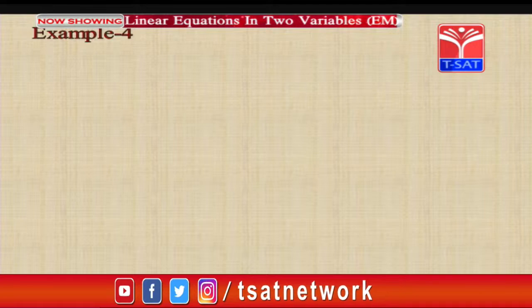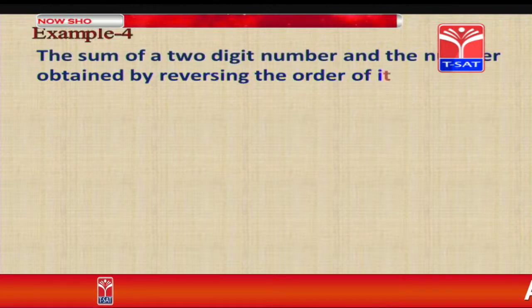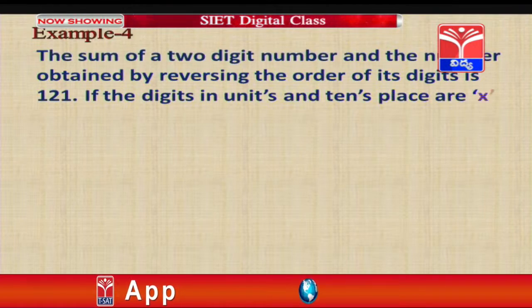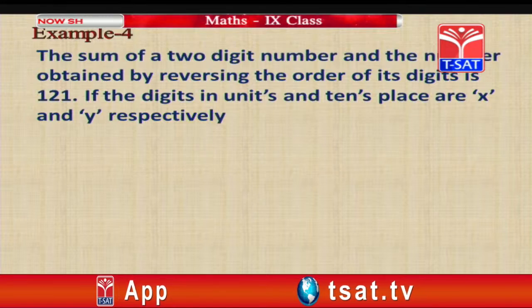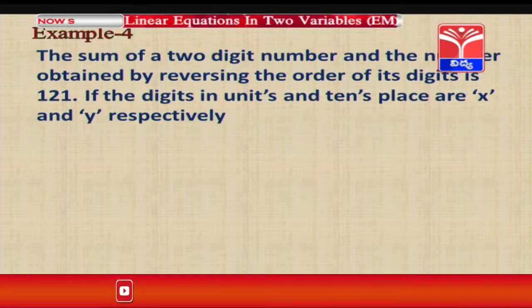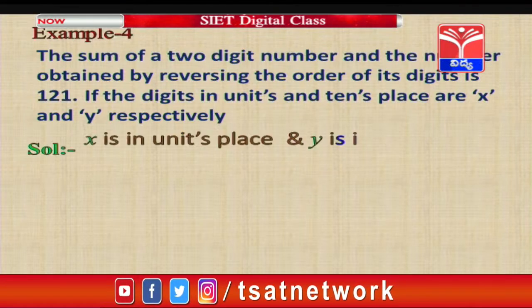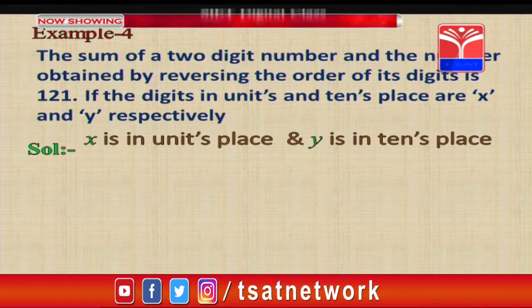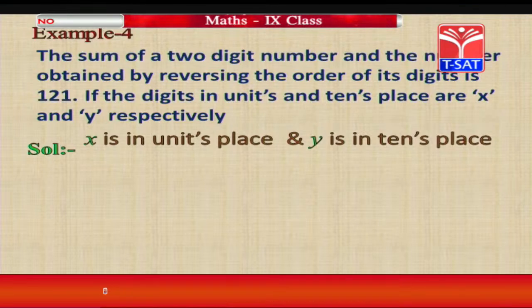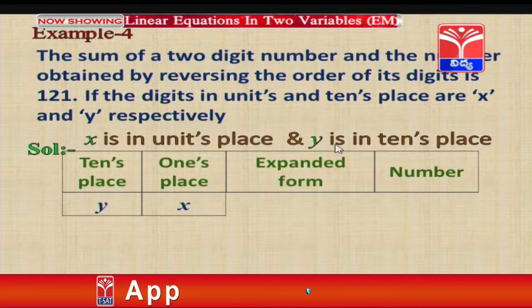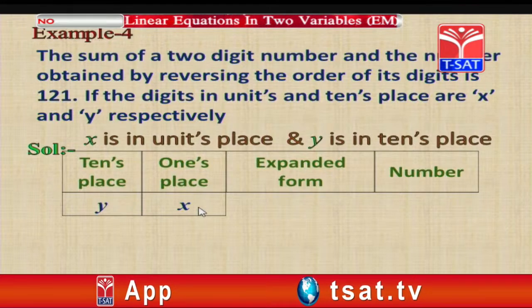Now, example 4. The sum of a 2 digit number and the number obtained by reversing the order of its digits is 121. If the digits in units and tens place are x and y respectively, x is in units place and y is in tens place. Are you clear now? In tens place what you have? Y, in ones place what you have?